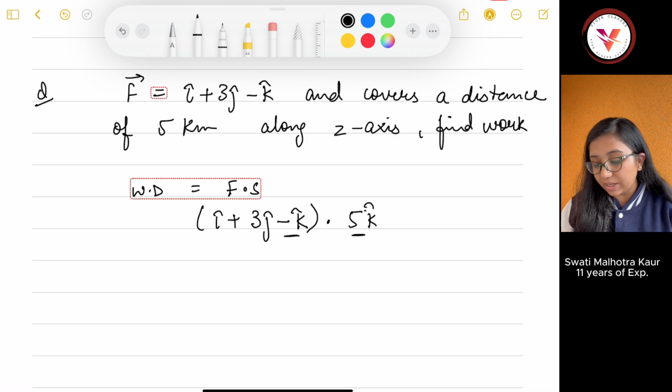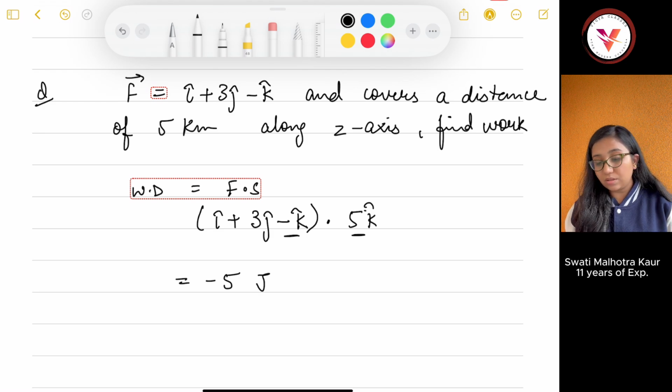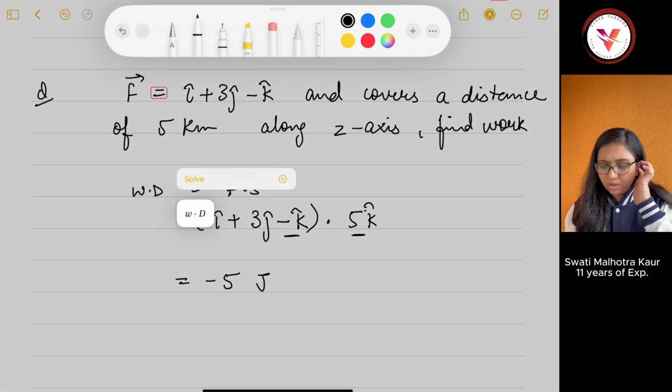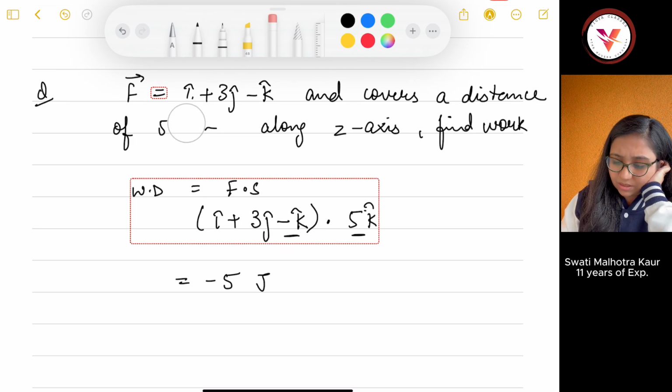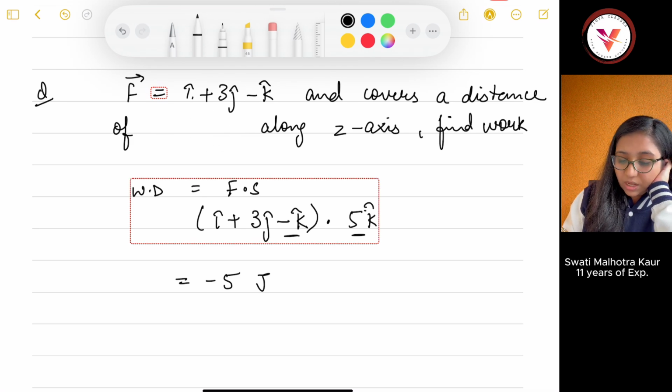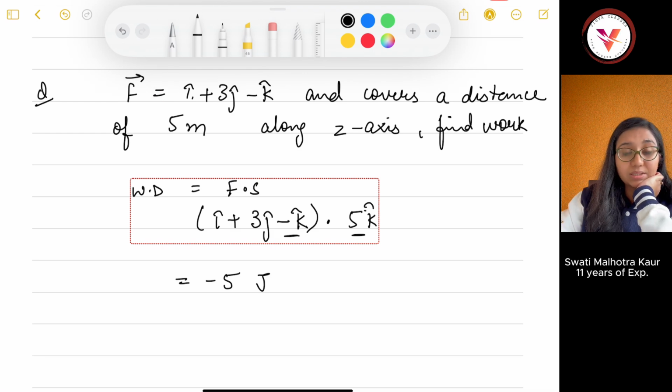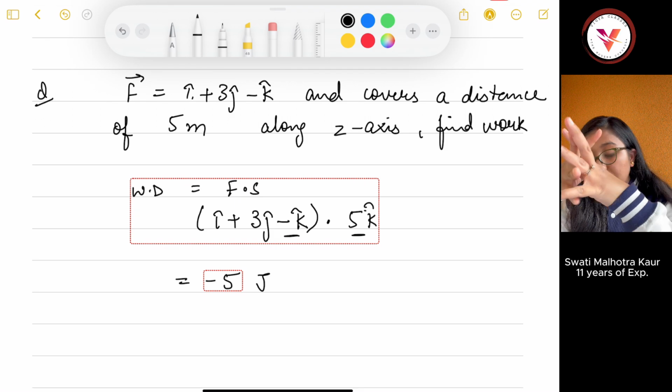Minus 1 into 5, that is minus 5 joules. It is kilometer, you can change it into meter, but let's take this as meter. I just want to tell you the concept, but you can change it to meter because meter is the standard unit.